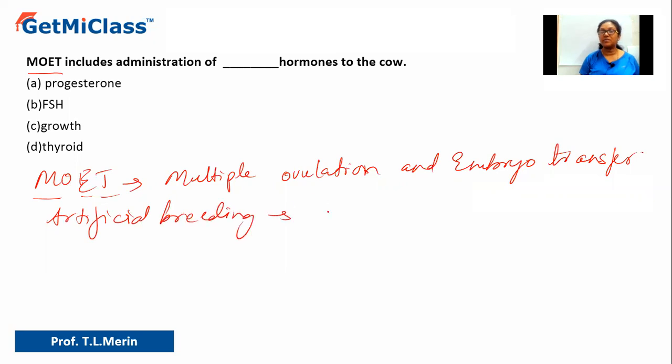Artificial breeding is where the physical mating of male and female cattle is not allowed. Instead, the male gamete will be transferred from the male into the uterus of the female. But before the insemination, the females are allowed to undergo superovulation in females. And how is that done?